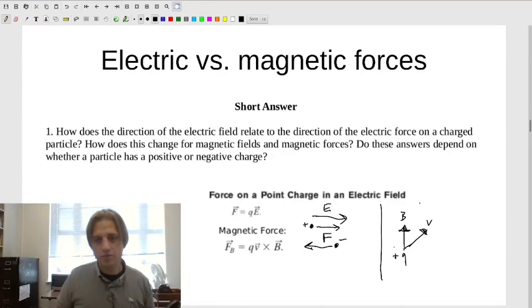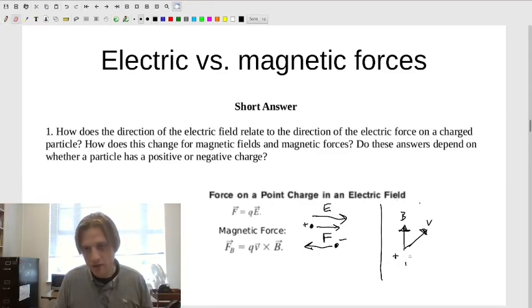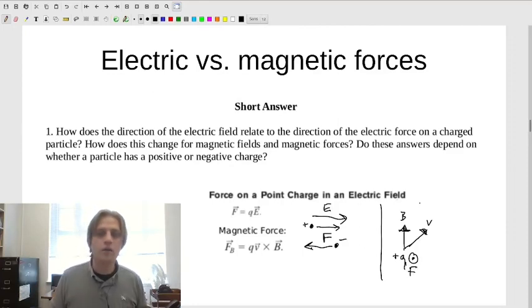The key thing to remember is that V cross B would give us a force that is out of the page in this case. And so the force would be neither in the direction of V nor the direction of B. It's in fact going to be perpendicular to both of those.